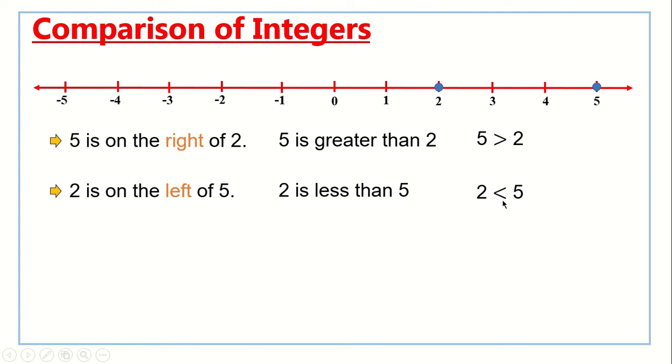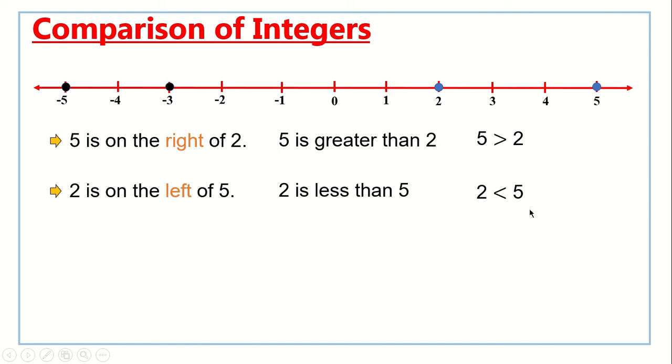There is no problem to call this sign as smaller than. You can also call it fewer than. Still no problem. This one you can call it more than, you can call it greater than, you can call it bigger than. Still there is no problem.